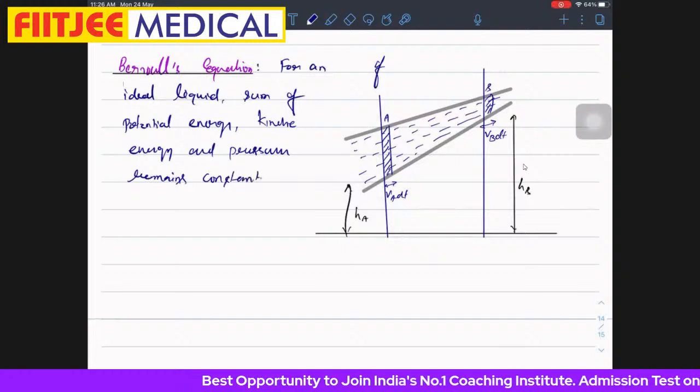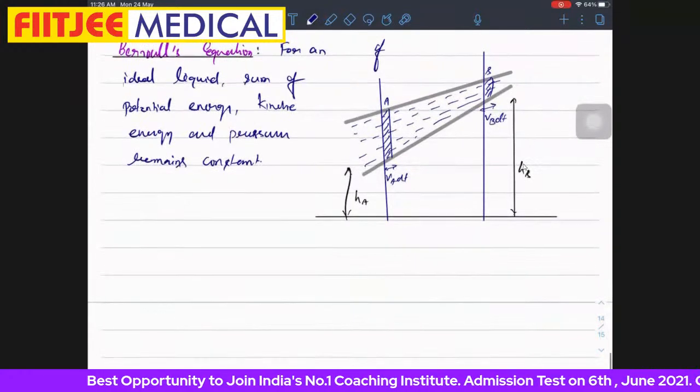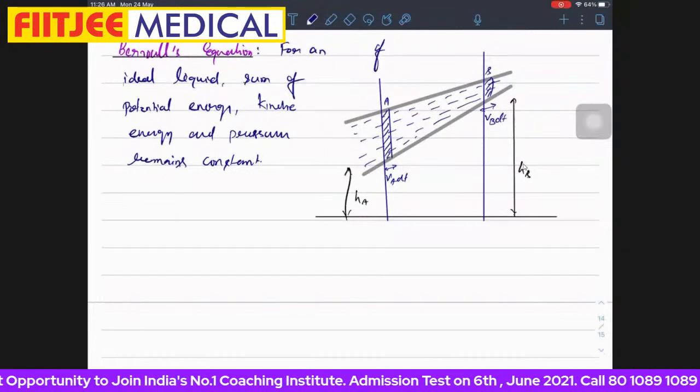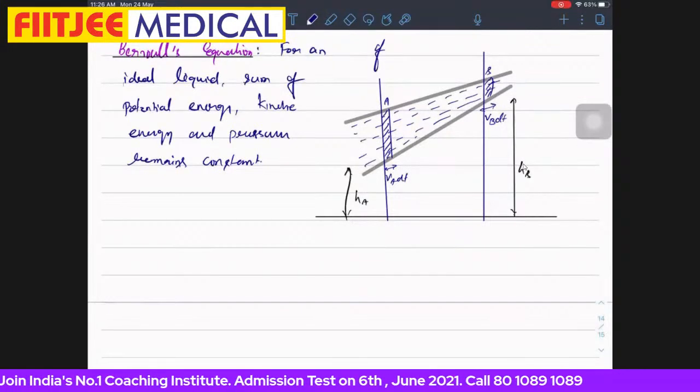This is a very useful Bernoulli's equation. Many questions would be asked based on this.